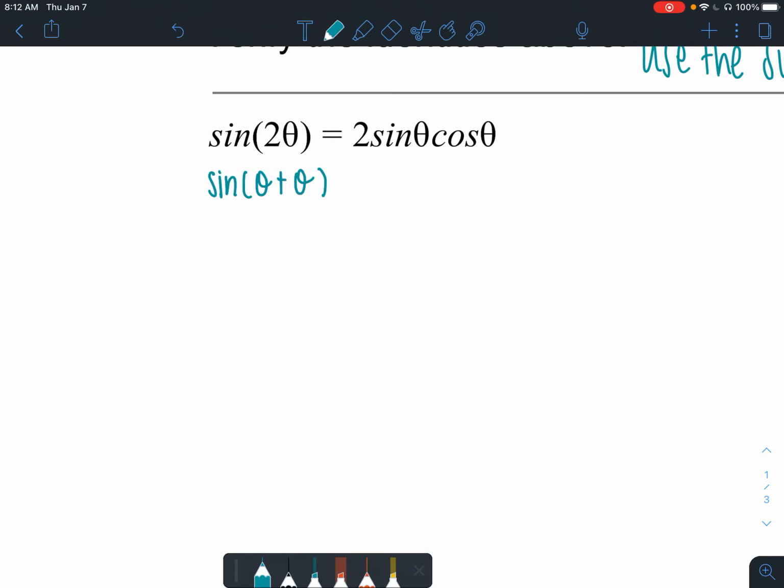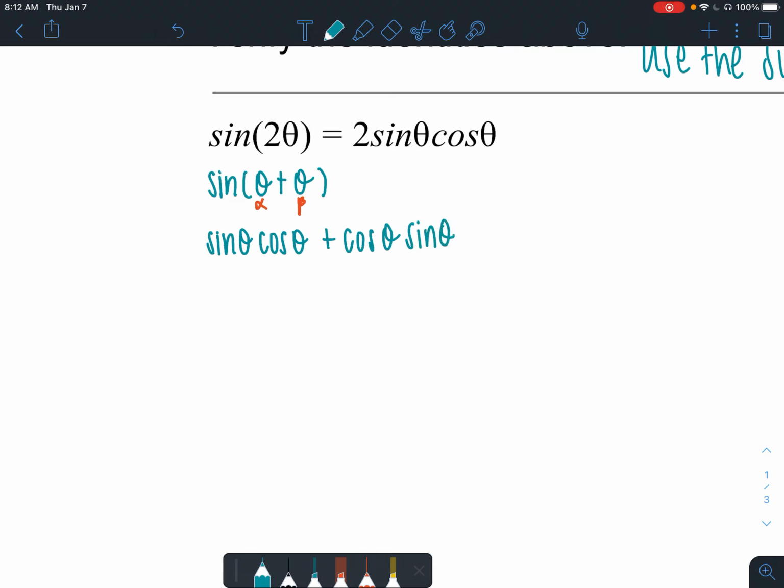Now, if I call this alpha and this beta, I can use the sum of sine formula. So this can be written as sine theta cosine theta plus, same sign, cosine theta sine theta.